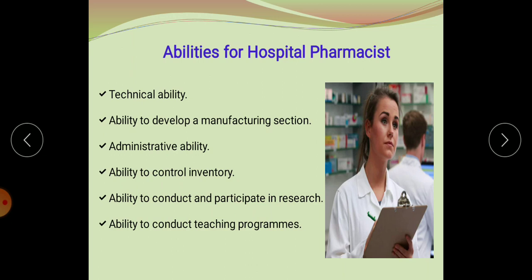There is also a role to conduct teaching programs to make aware the other healthcare professionals as well as the common people regarding new diseases or newer medicines, or which medicines have been banned, or any side effects, adverse effects, drug interactions, contraindications of the medicines, newer diagnostic procedures. They should have the updated knowledge and should also spread this knowledge to the other healthcare professionals and the common people.